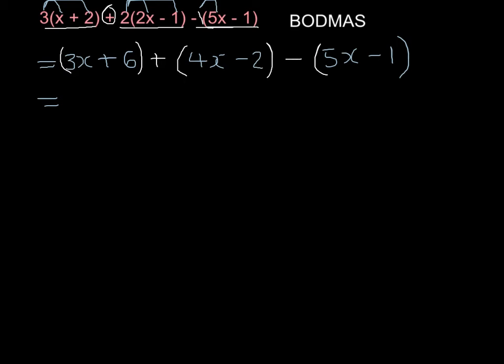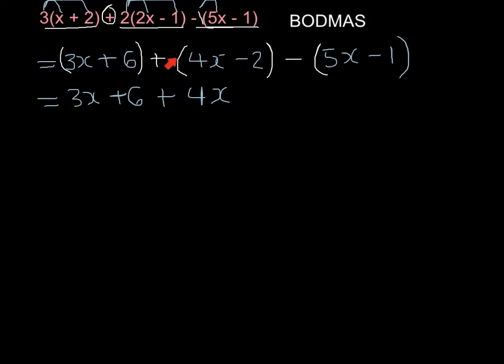So we can say 3x plus 6. And when I say simplify, we're effectively just removing the brackets. Here we've got plus positive 4x, and we know that a plus and a plus next to each other is just plus 4x.